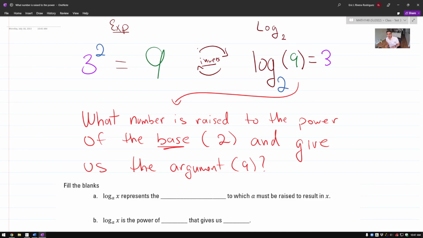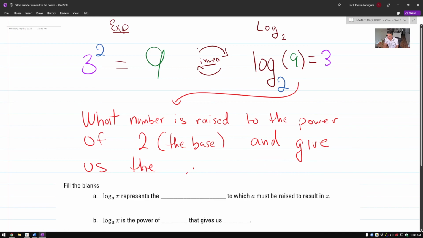What number is raised to the power of the base? Let me change this. What number is raised to the power of 2, the base, and gives us 9, the argument.